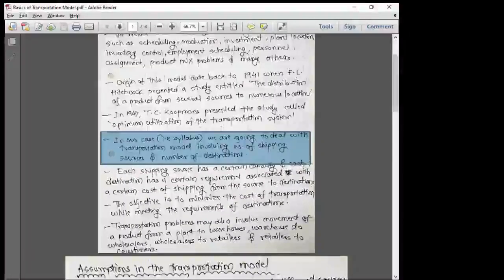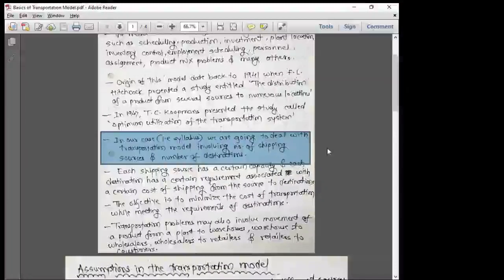So for our syllabus, including the variants, we are going to consider a transportation model which involves a number of shipping sources. You can eliminate the word shipping. What I mean here is the sources from which the transportation or the shipment will actually start.